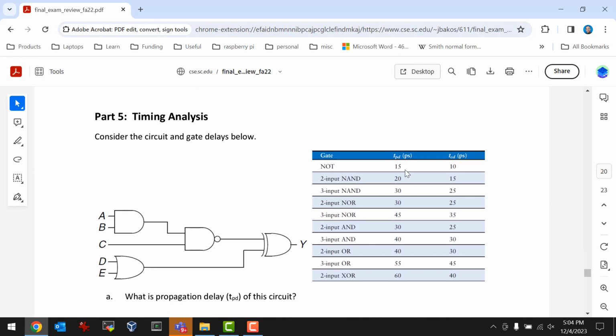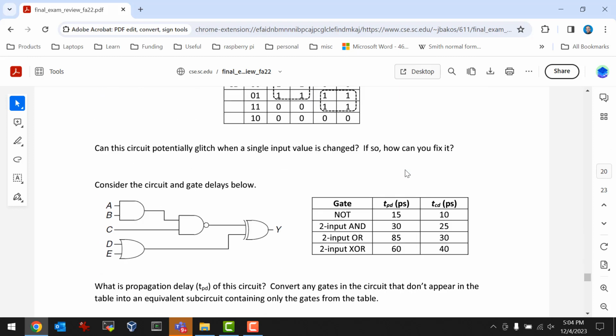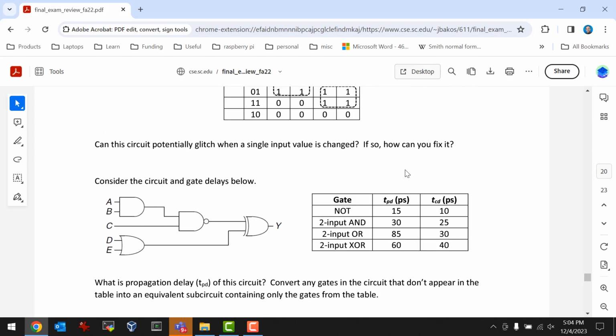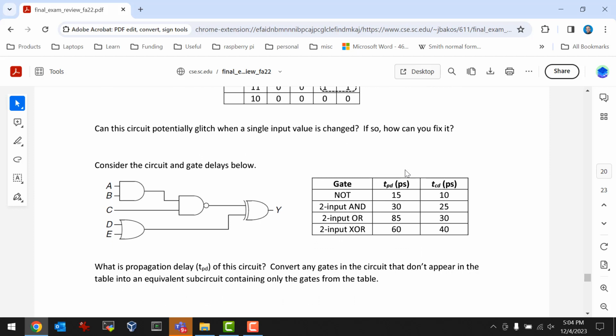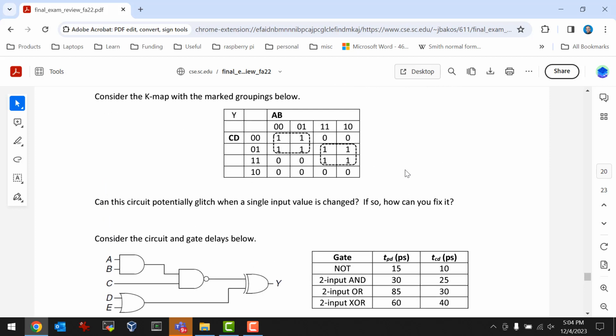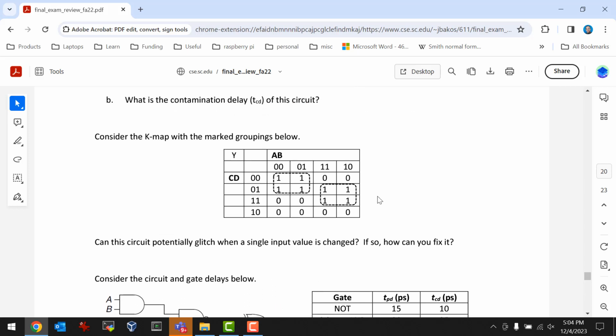I'm going to skip that. Another timing question. Glitch. Could the circuit potentially glitch if a single value is changed? Yes. Right? This circuit could glitch if you jump from this Karnaugh map group to that Karnaugh map group.